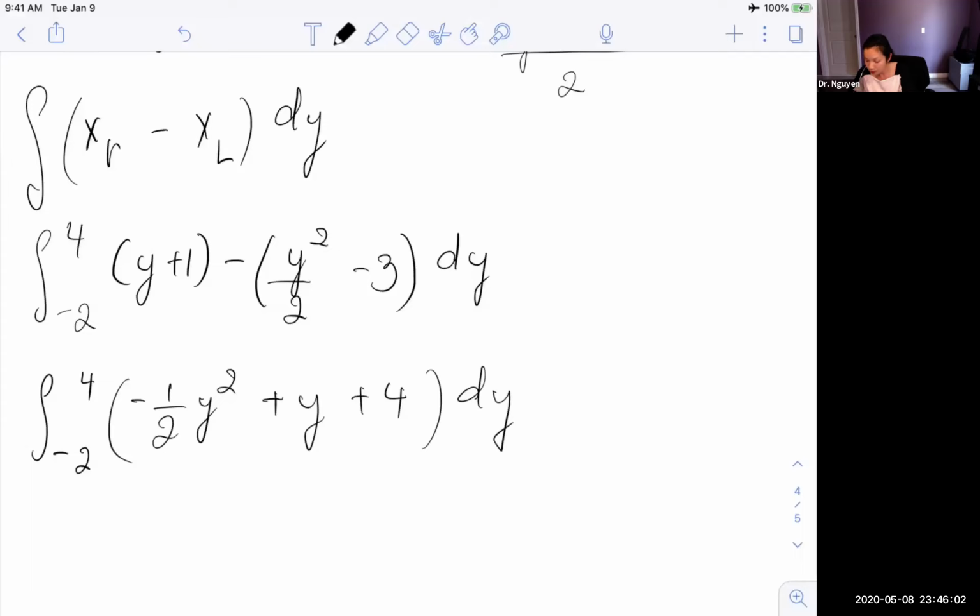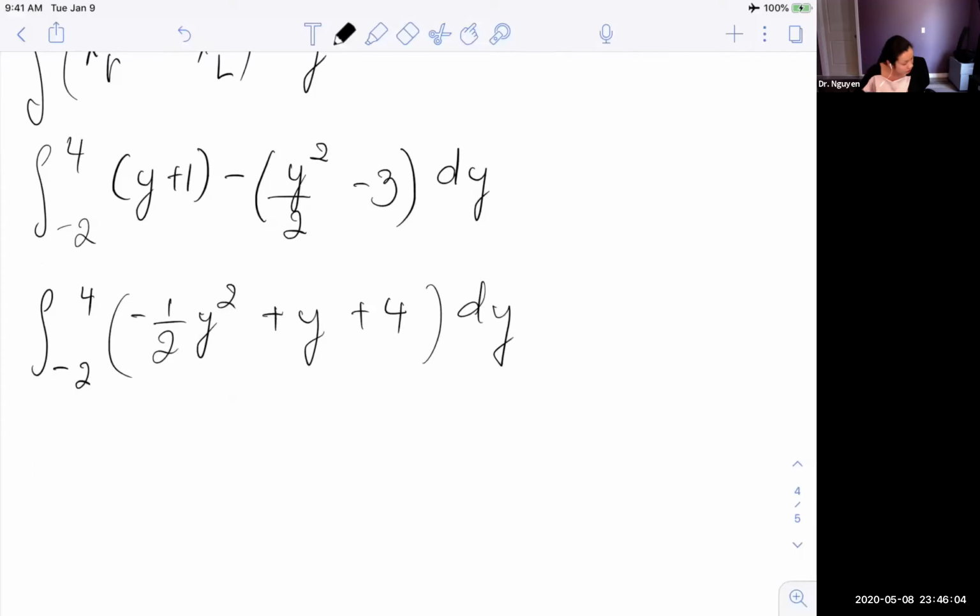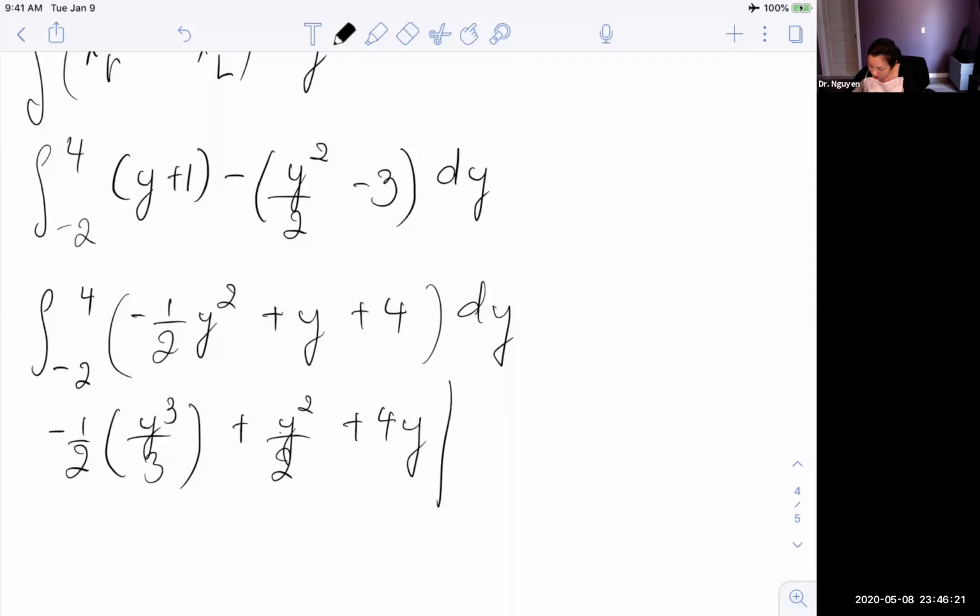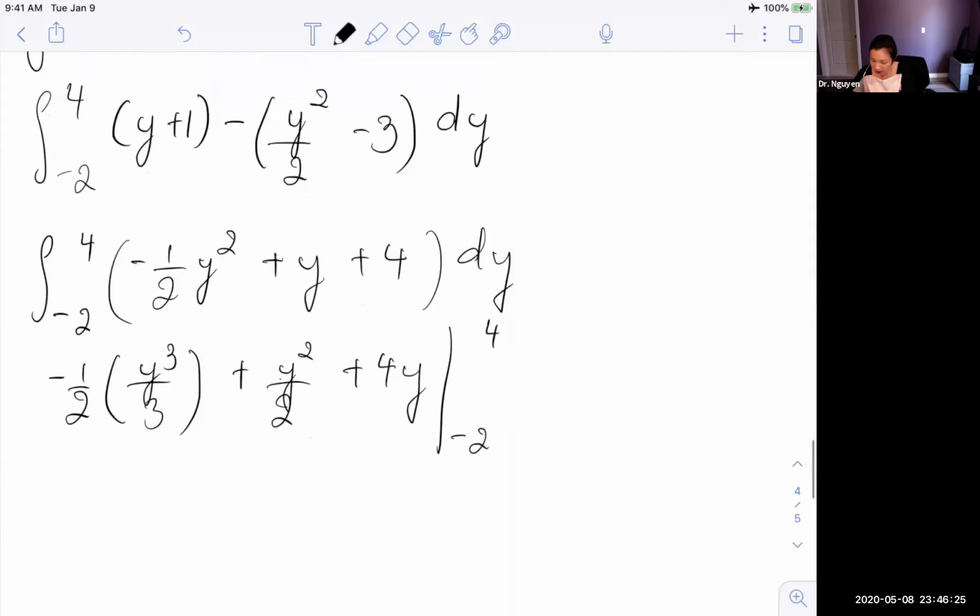All right, now we take the antiderivative. -1/2 y cubed over 3 plus y squared over 2 plus 4y. And then we integrate from -2 to 4. Okay, and then you plug it in.